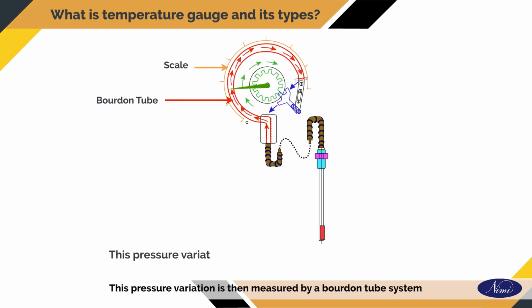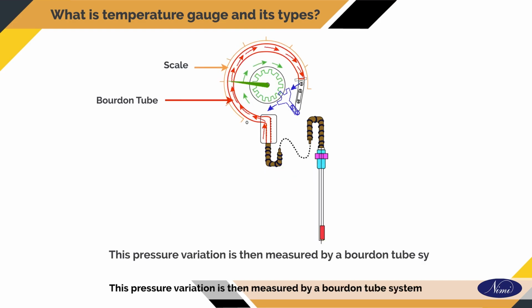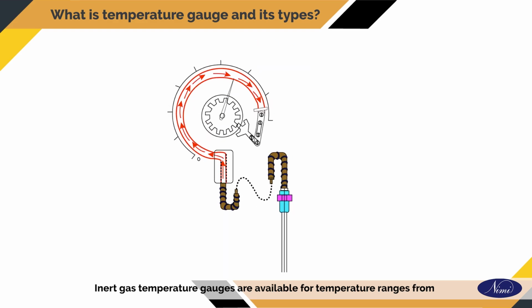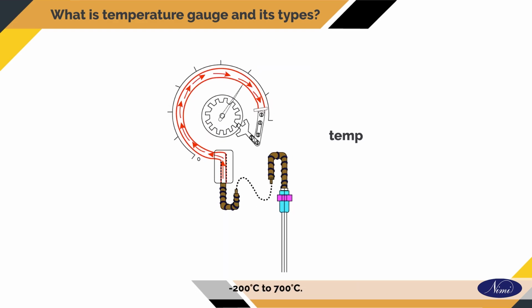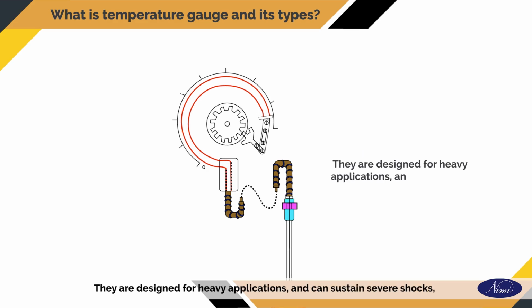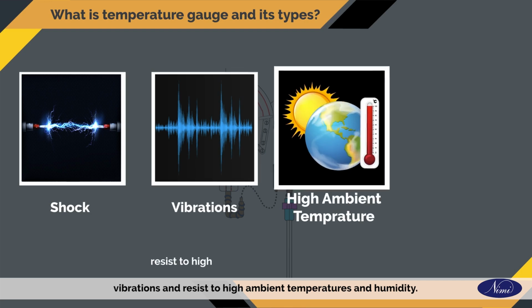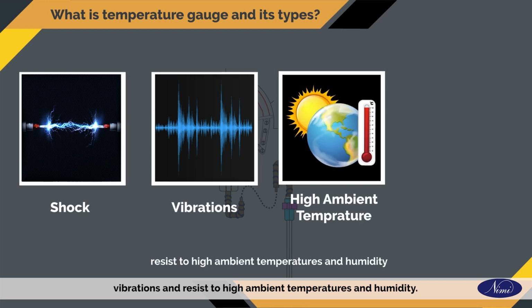This pressure variation is then measured by a Bourdon tube system and indicated on a dial with a scale with temperature units. Inert gas temperature gauges are available for temperature ranges from minus 200 degrees centigrade to 700 degrees centigrade. They are designed for heavy applications and can sustain severe shocks and vibrations, and resist high ambient temperatures and humidity.